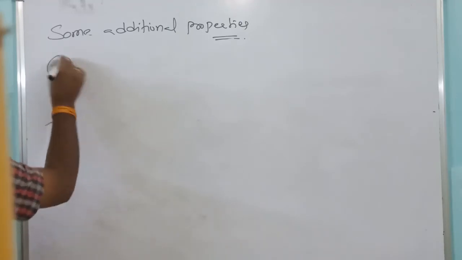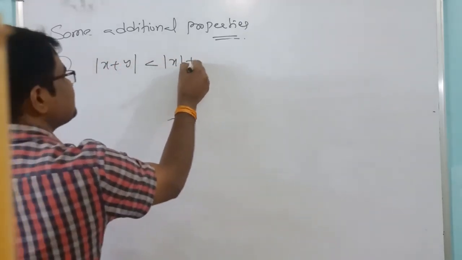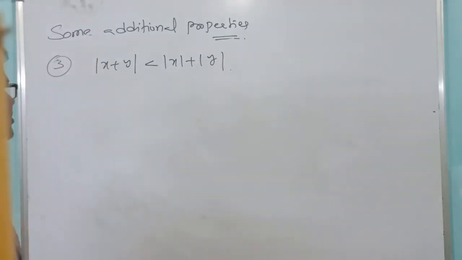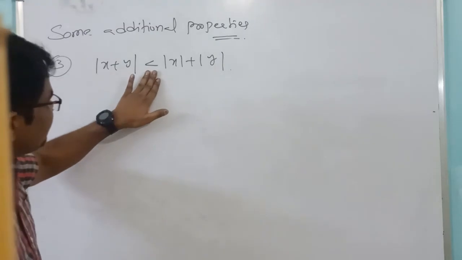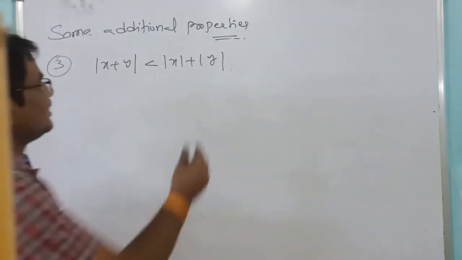Next, third one. If modulus of x plus y less than mod x plus mod y, when does it hold? The previous one was equality, here it is the inequality.